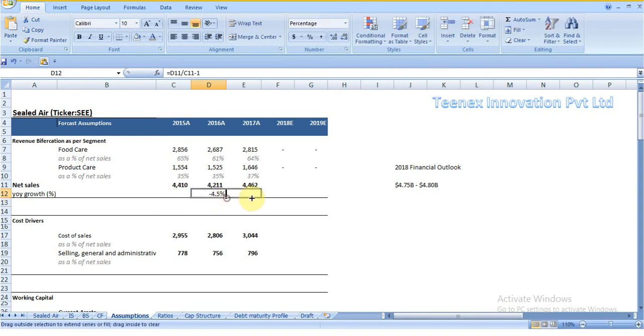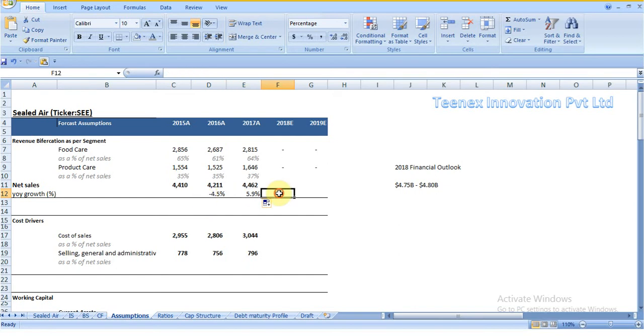I have calculated that in 2016 the revenue went down by 4.5%, but in 2017 it increased by 5.6%, which shows that the company has shown a healthy increase in revenue in 2017. In 2016 it went down because of certain business and segment divestitures, and because of the lower price mix.